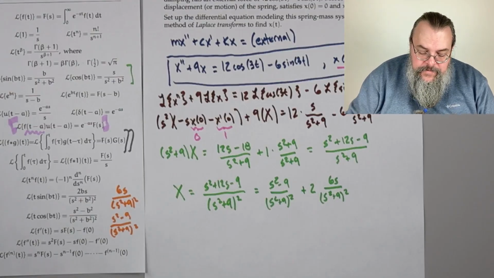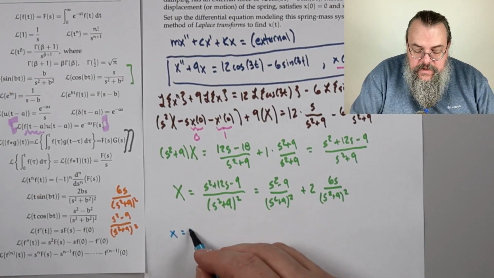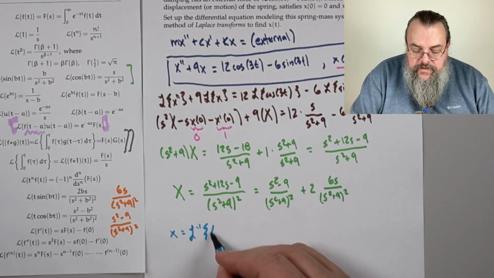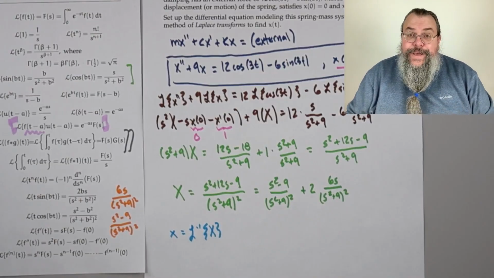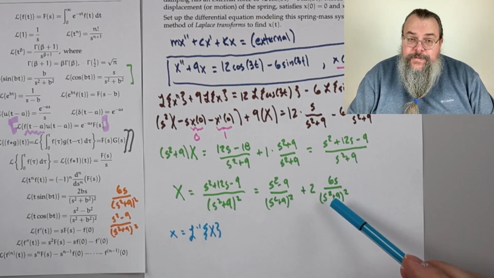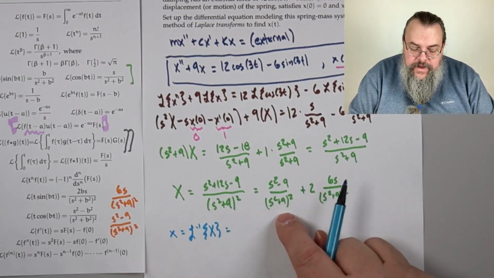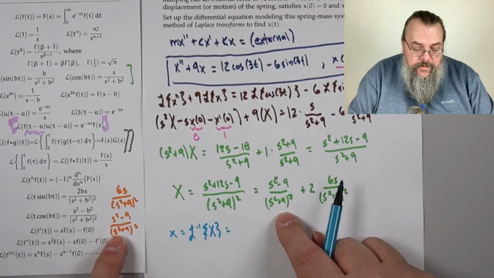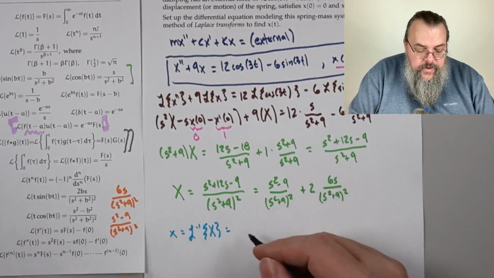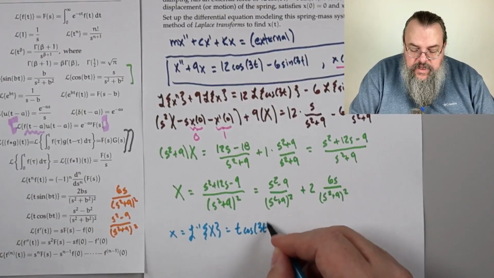Here we go. So the answer, x, is the inverse Laplace of capital X, right? We're in our third phase. We did our algebra. We got it ready to do the inverse Laplace. We say, well, the inverse Laplace of s squared minus 9 over s squared plus 9 squared is t cosine 3t.